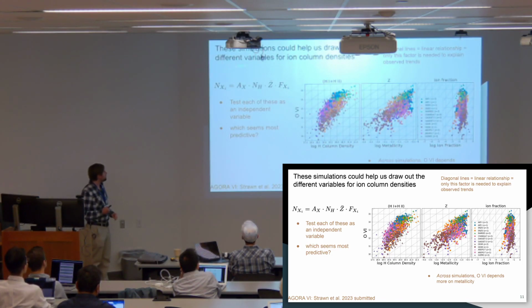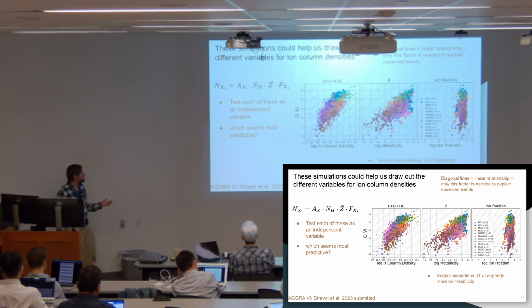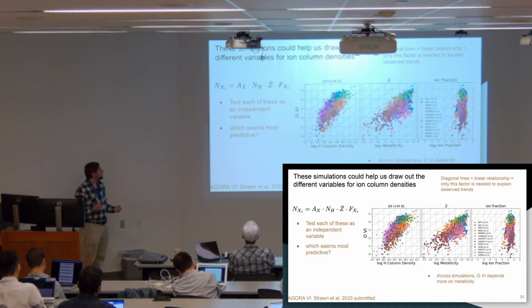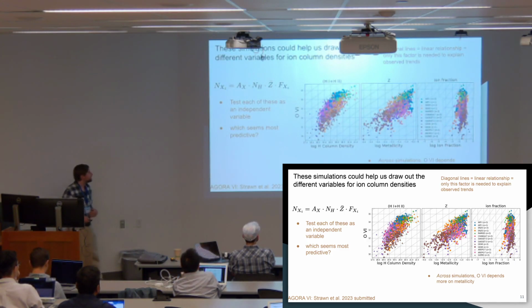So this is an integrated version of the first equation I showed: the column density of a certain ion, which is the observable quantity, versus the total gas in the line of sight, metallicity, and the ion fraction along the line of sight. What we're going to do is test which of these is the most predictive.